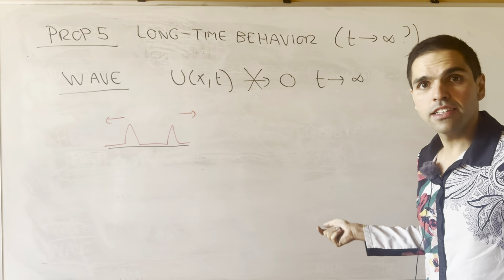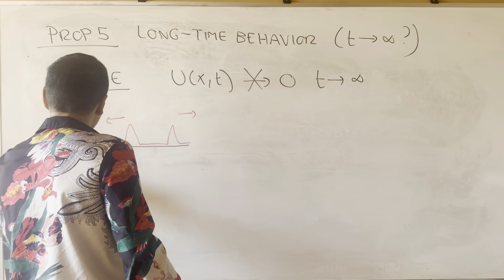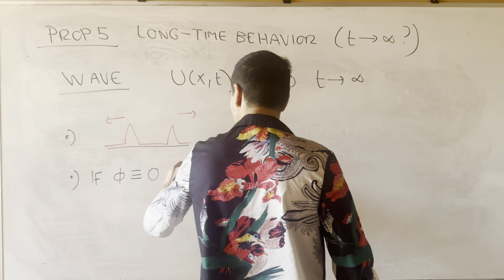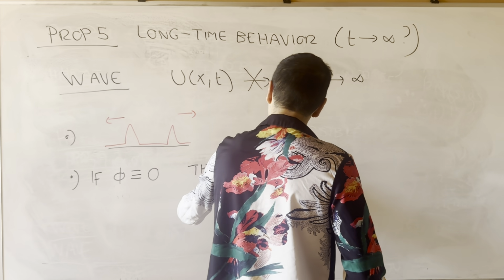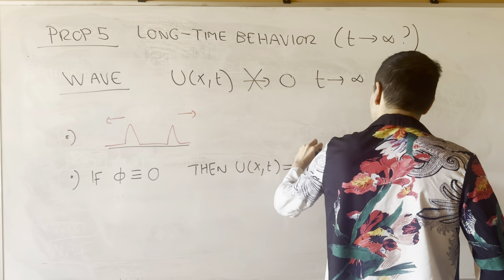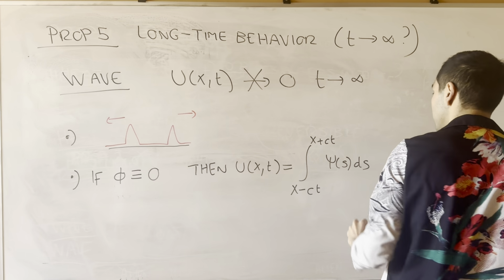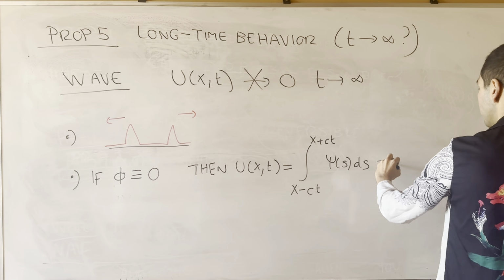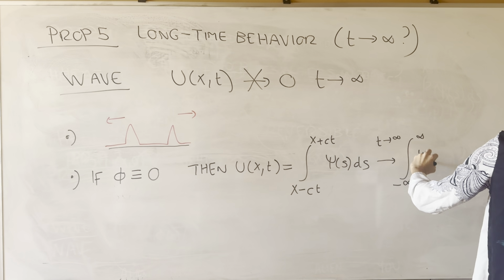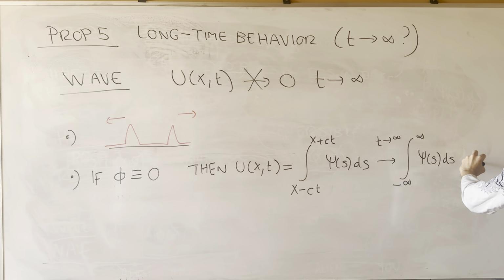Another way to see this is because of the contribution of psi. Because if, let's say, even if the initial position is 0, then u of x,t is the integral from x minus ct to x plus ct of psi of s ds. But as t goes to infinity, this actually goes to the whole area of psi of s ds, which is generally non-zero.